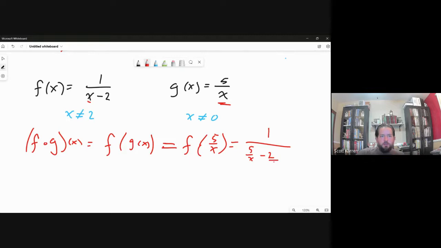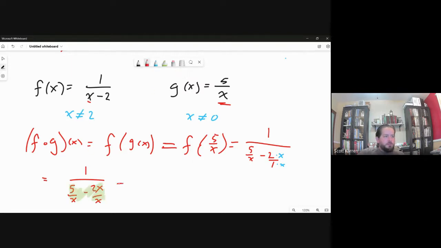Now we can simplify this, and I will. In the denominator, I'm going to call that 2 over 1, and then multiply it top and bottom by x. And so this becomes still 1 over 5 over x minus 2x over x. In the denominator, I can combine these two fractions right here.